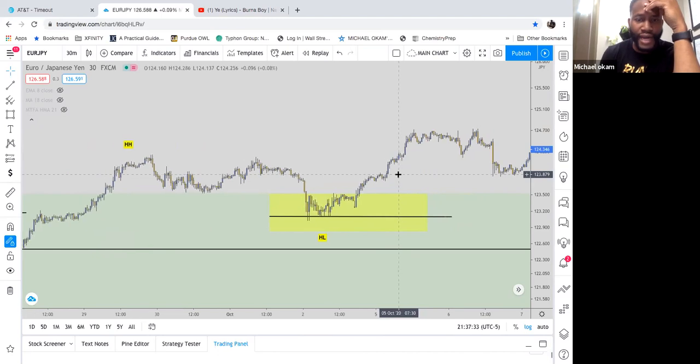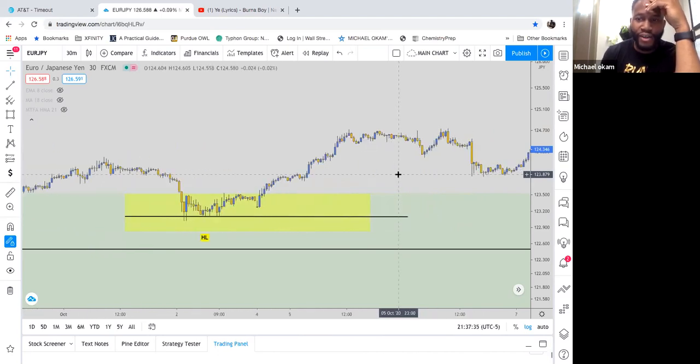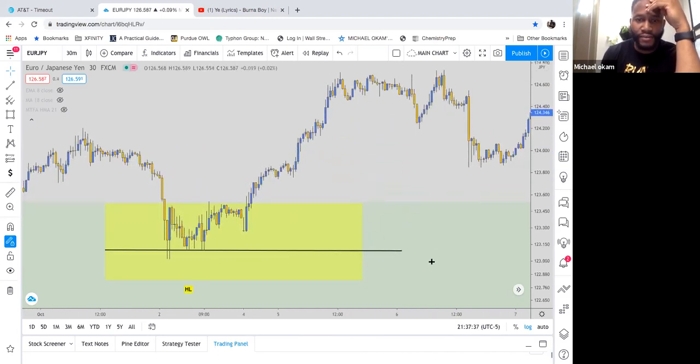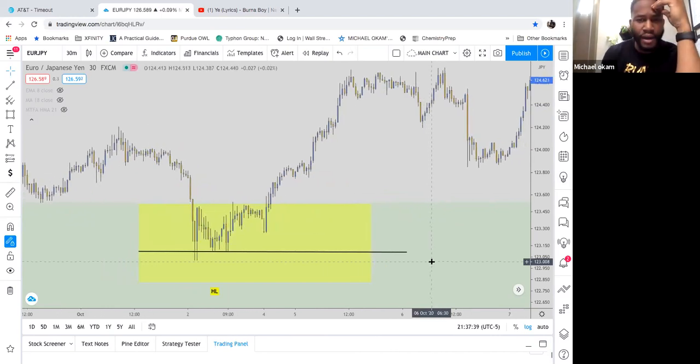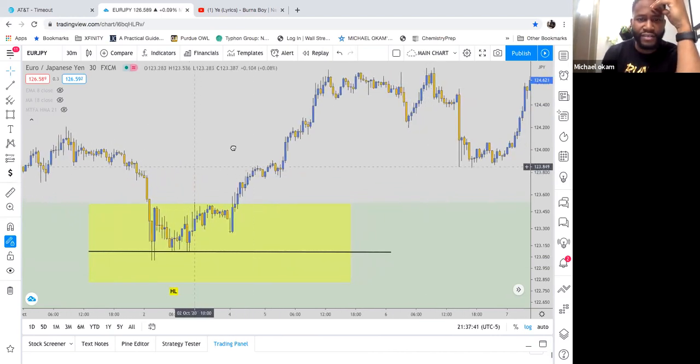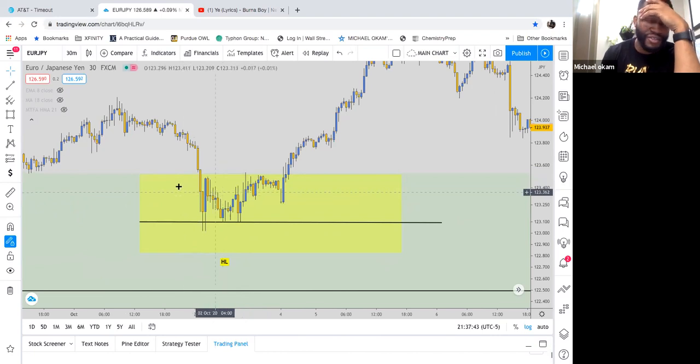Okay. So guys, now we're at the 30-minute time frame, right? You guys see it. Do you see any break of resistance in this little yellow box? It's kind of hard to see it, right? Can y'all see a break of resistance in this box? Do y'all even know what's happening in this box?